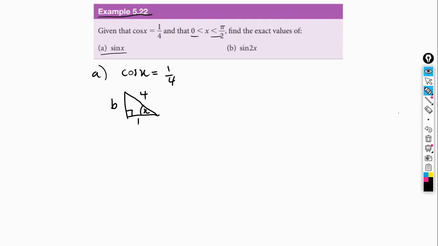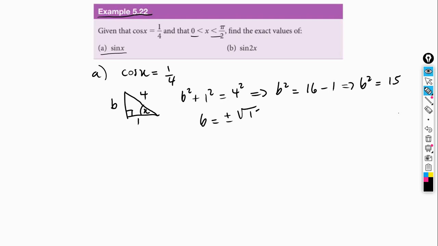Now notice that from Pythagoras, b squared plus 1 squared is equal to 4 squared. Therefore, b squared is equal to 16 minus 1, which implies that b squared is equal to 15. And then b is equal to plus or minus square root of 15.